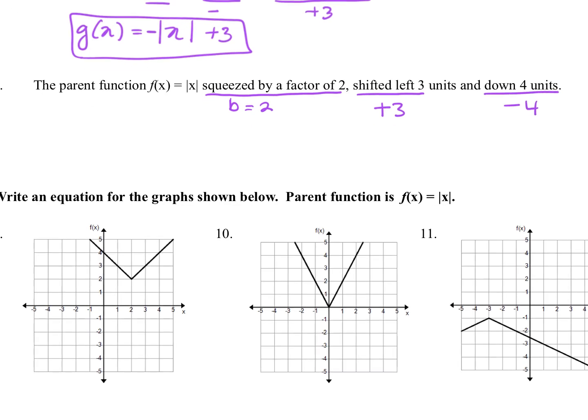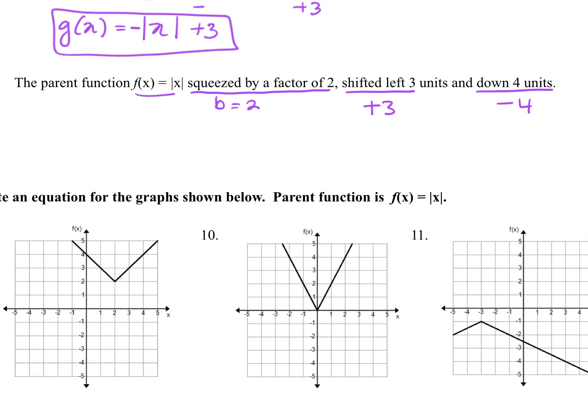So f of x, that's the parent function. We're going to use g of x instead. This is going to be the absolute value of 2x, and then plus 3, and then minus 4. Now remember that this is going to be the b, and to measure our stretch or squeeze, in this case, we always use the absolute value of 1 over b.